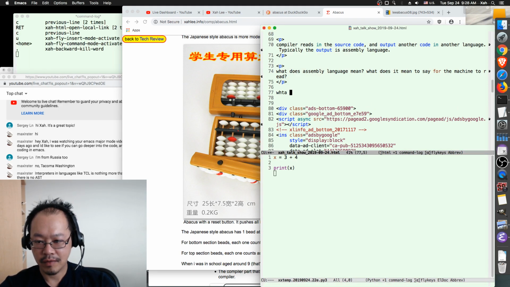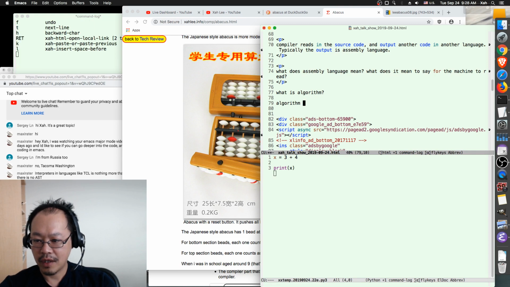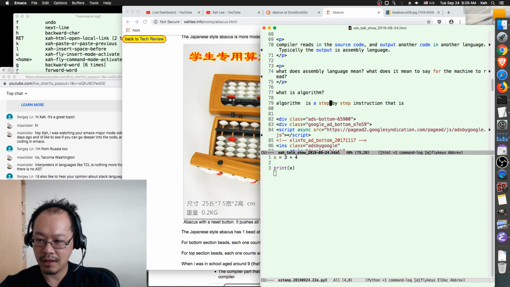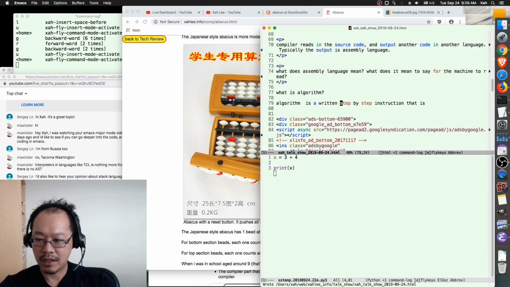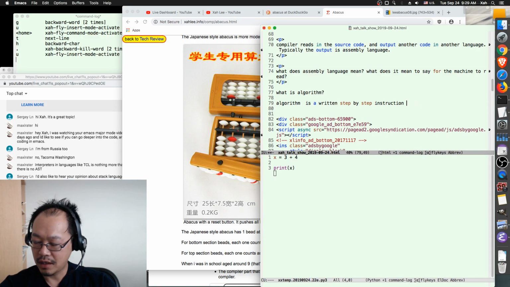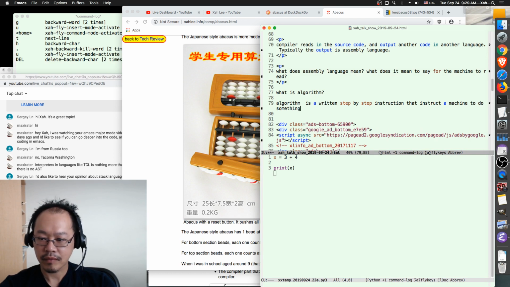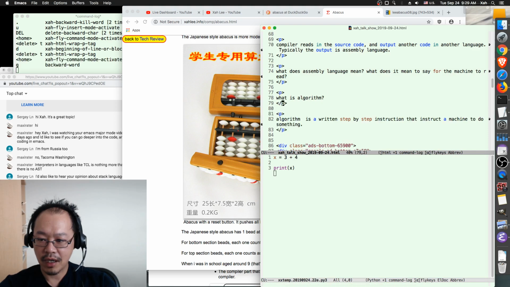So what is an algorithm? An algorithm is a written step-by-step instruction that instructs a machine to do something.